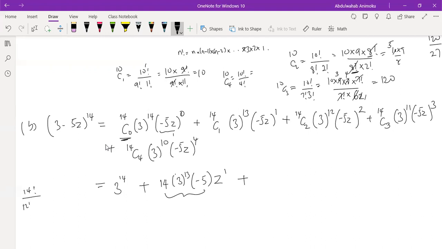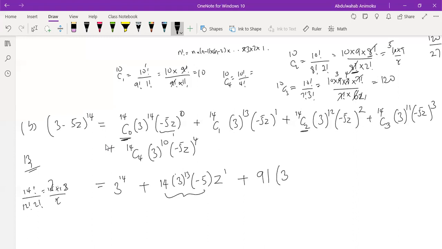It's 14 times 13 over 2, which is 7 times 13. I have my calculator right here, which is just 91, right? So we have 91, this is 14 combination 2.